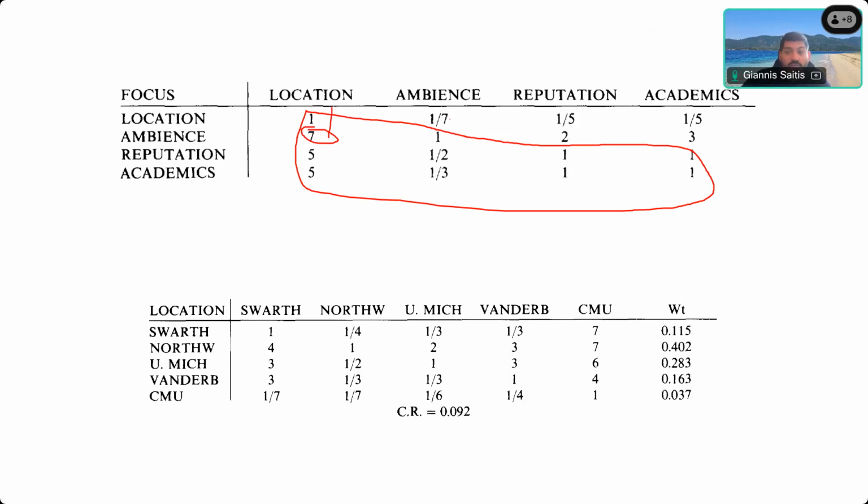So it's 1 to 7th. The same goes also for the reputation. Reputation to location is 5. Location to the reputation is 1 divided by 5. Do we get this? So once you do a full scale comparison, the others are just the opposite.